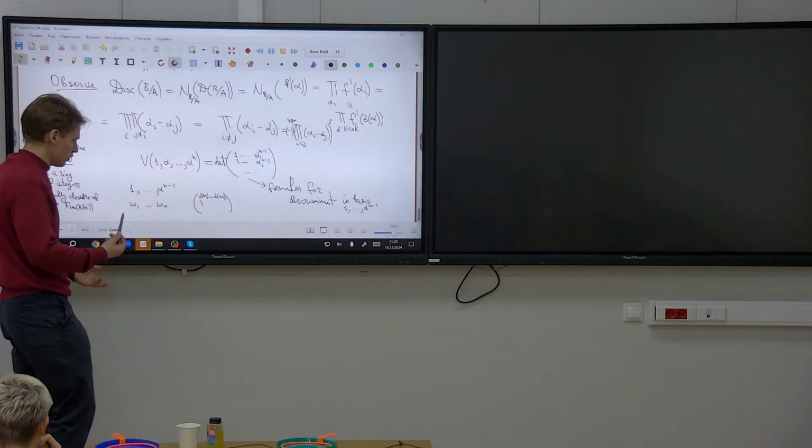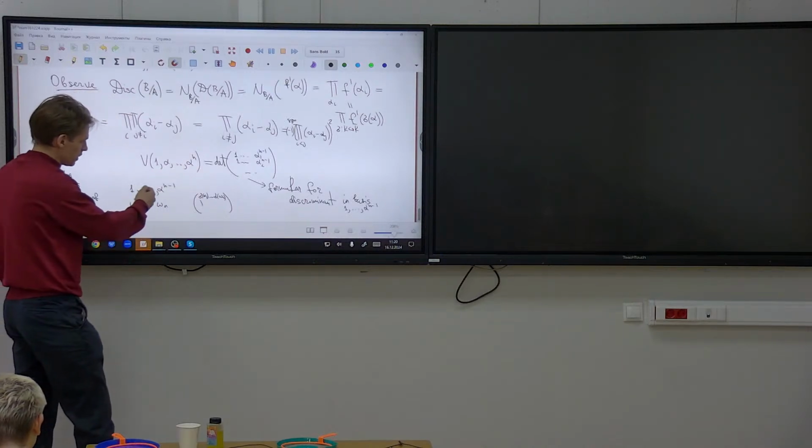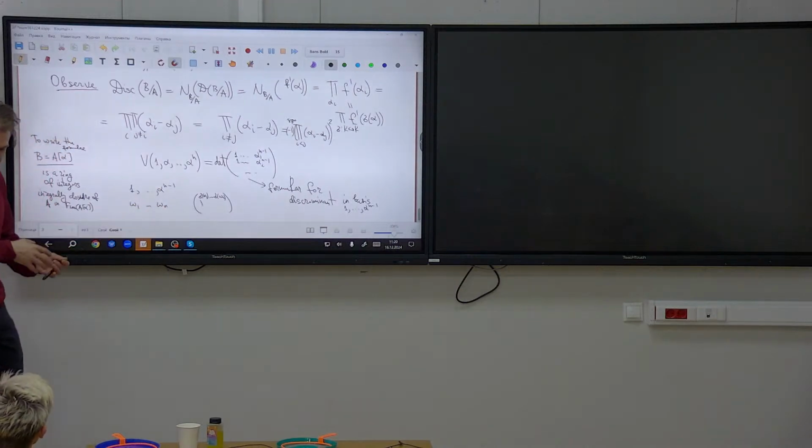To write down the discriminant, you take the basis of the ring of integers and write down this determinant, and this is precisely the discriminant of your ring. But if B is not integrally closed, that means that 1, etc., alpha^n is a basis for B, but not a basis for the ring of integers.